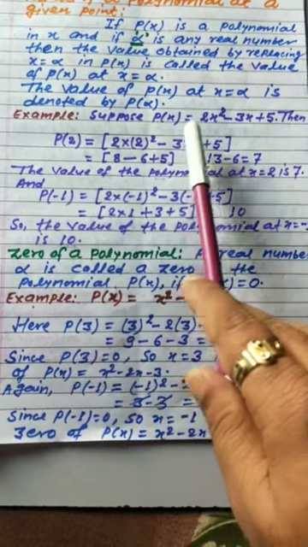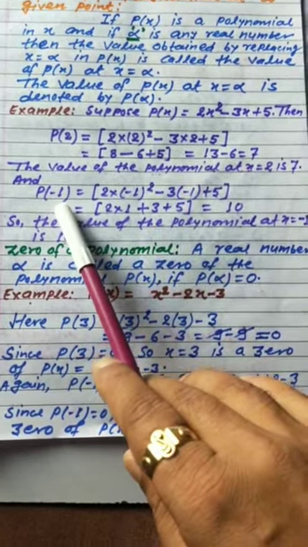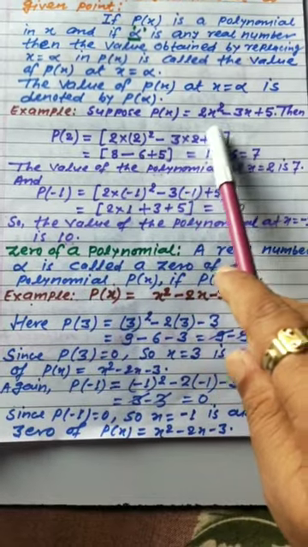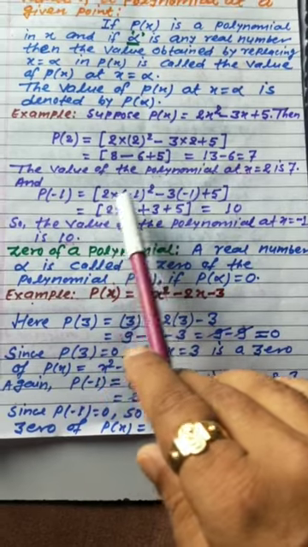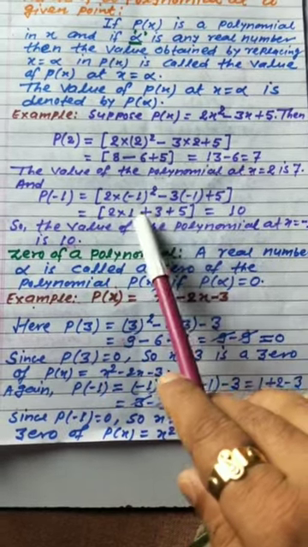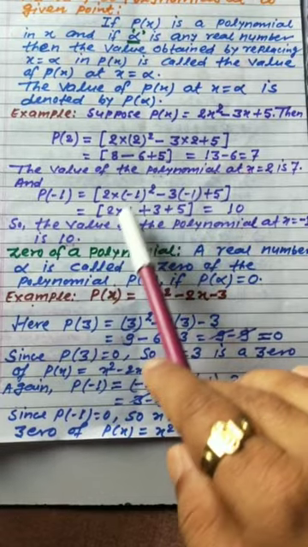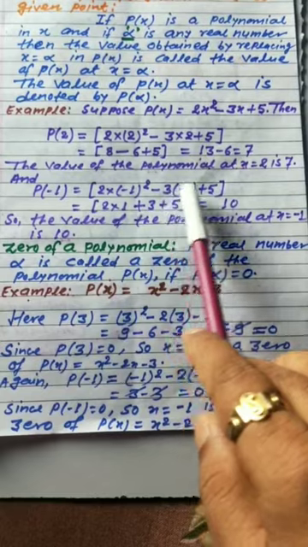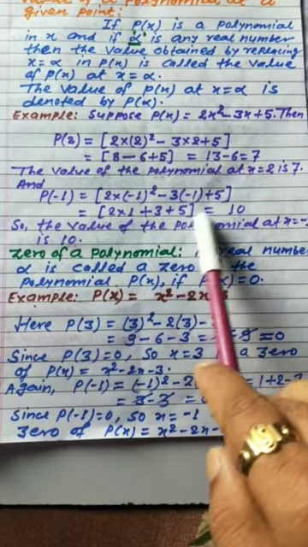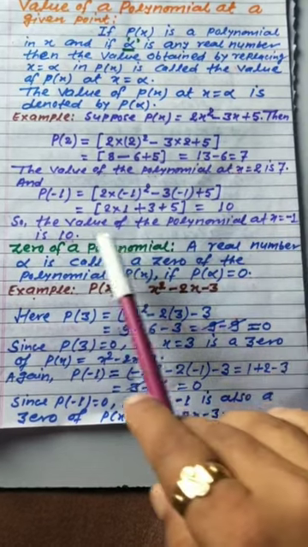And if we have to find the value of this polynomial at x is equal to minus 1, we replace all x by minus 1: 2 into minus 1 square minus 3 into minus 1 plus 5. Minus 1 square is plus 1, so 2 into 1 is 2, minus into minus is plus 3, plus 5, that is 10. So the value of the polynomial at x is equal to minus 1 is 10.